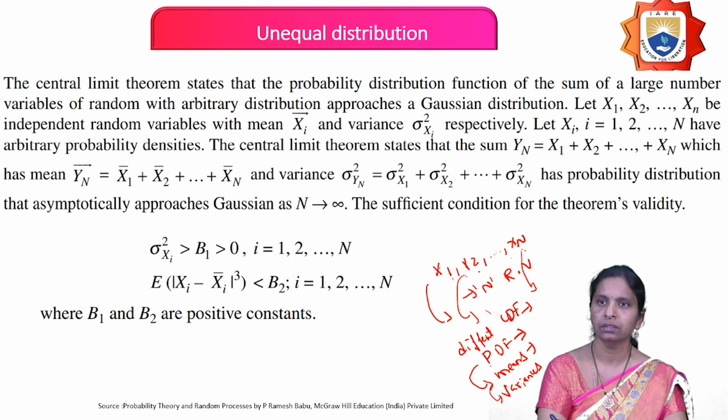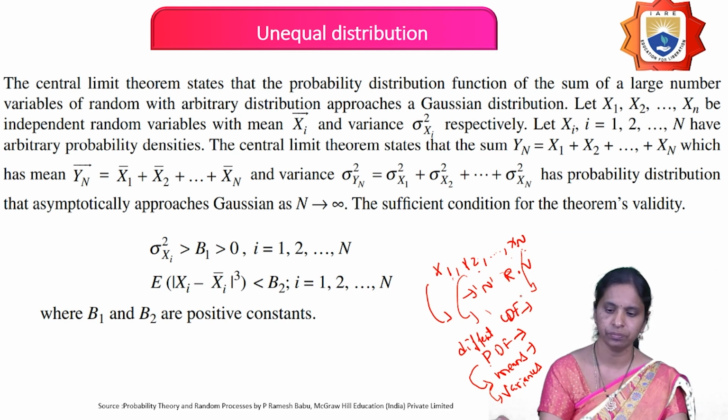It means the mean of the random variable x1 is not equal to the mean of the random variable x2, and similarly, the variance of x1 is not equal to the variance of x2 and so on. So all the random variables are having different distribution functions, also called unequal distribution function.